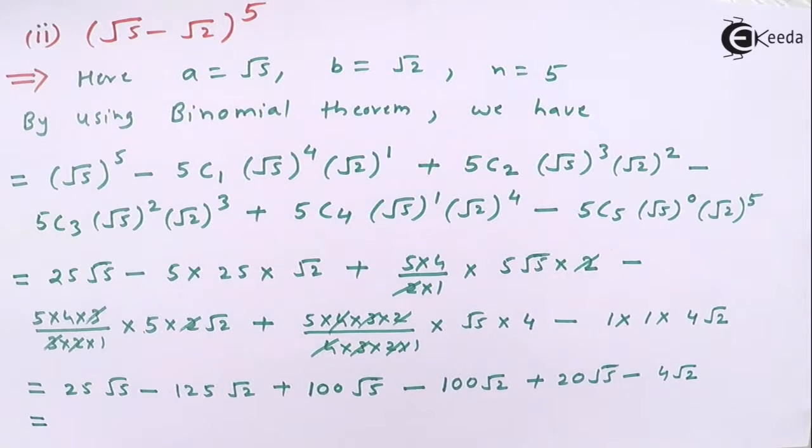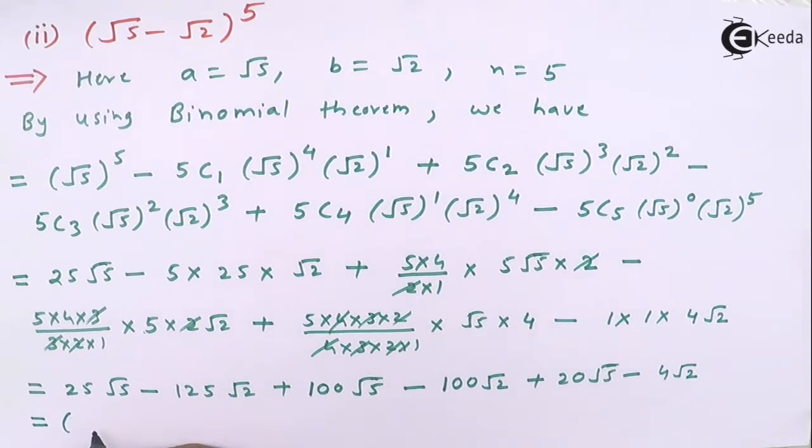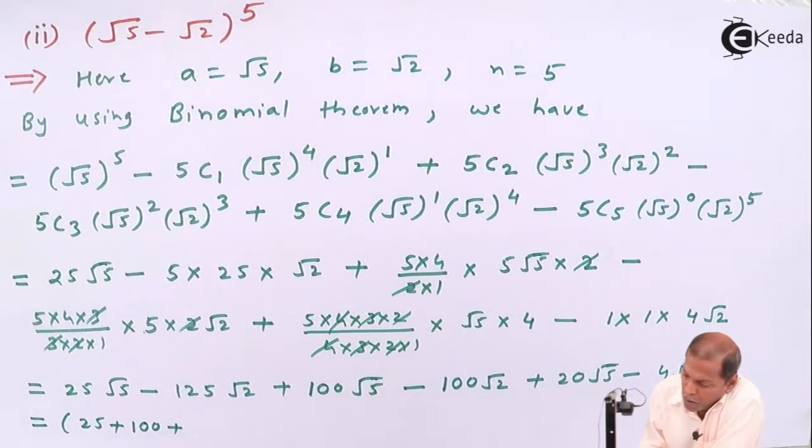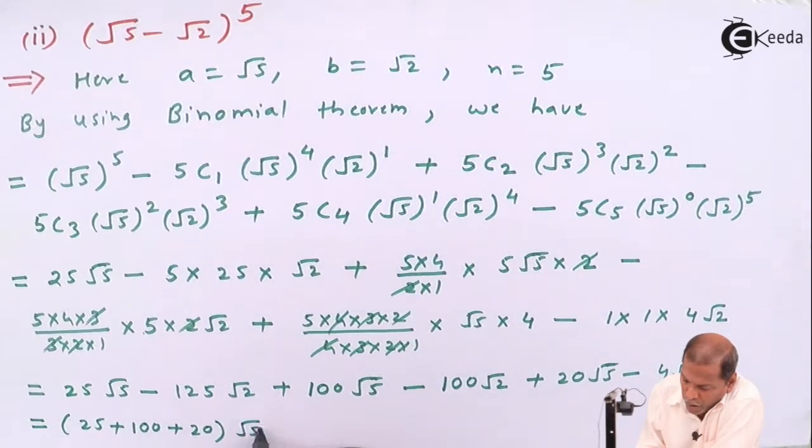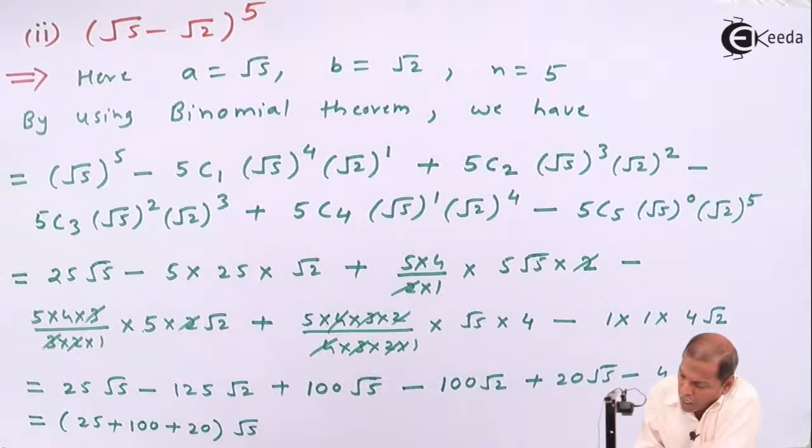So now collecting the similar terms, that is 25 root 5 plus 100 root 5 and 20 root 5. So from that we take root 5 common. So in the bracket we have 25 plus 100 plus 20, into root 5, and from the remaining terms we take the minus sign and root 2 common.